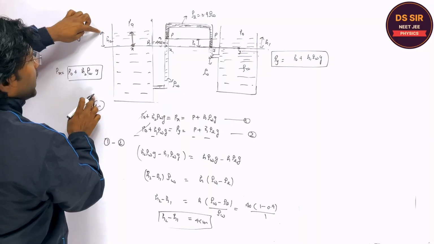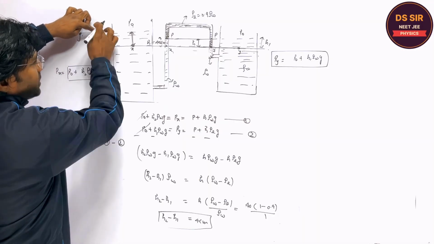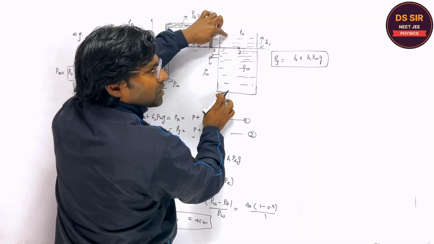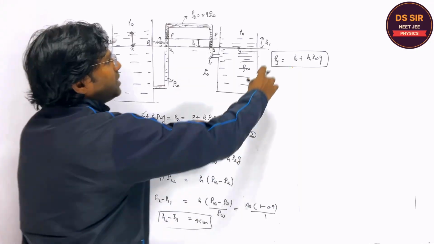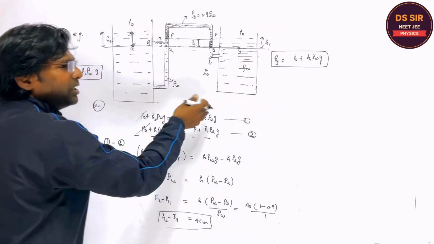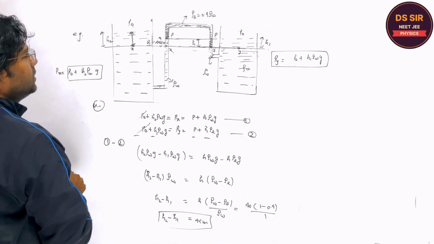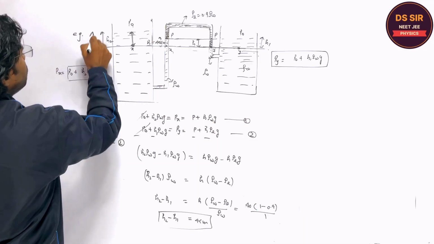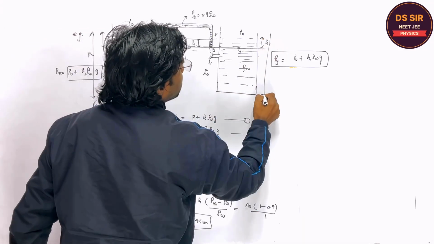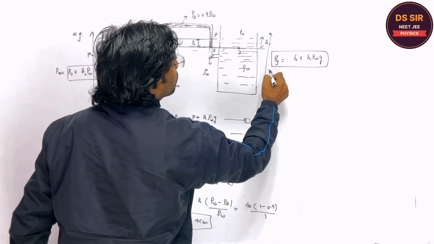The total height in the water tank is suppose H2, this is H1. They want to find the difference in the height in the two water tanks. Suppose the total height is H2, and the other total height is H1. Are you getting or not?